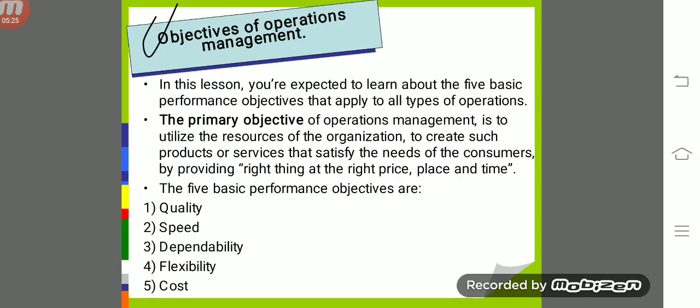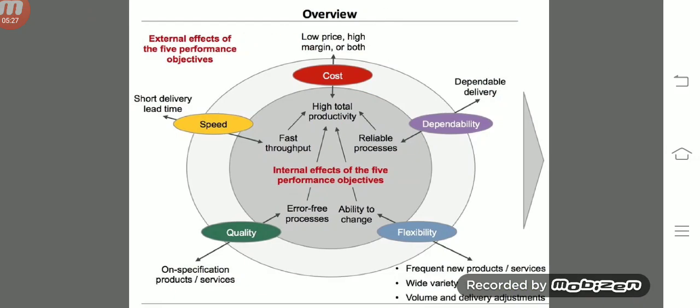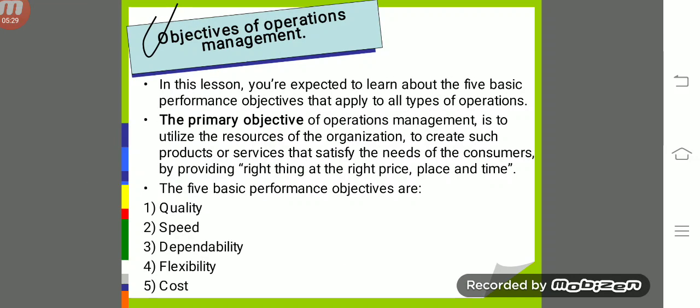Now, the objectives of operation management. The first is quality. Quality is a must for operation management. If they are not able to maintain the quality of the product in every place of the production, then we can say that they are not able to achieve the goal, because quality is the main thing which operation managers have to maintain in the organization.